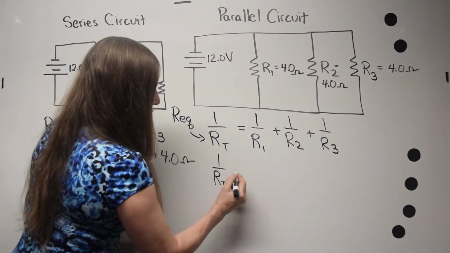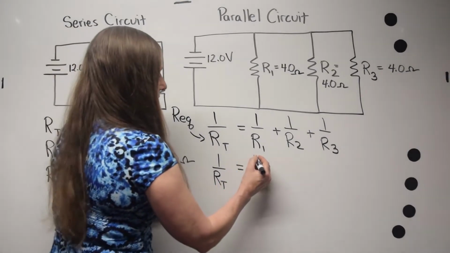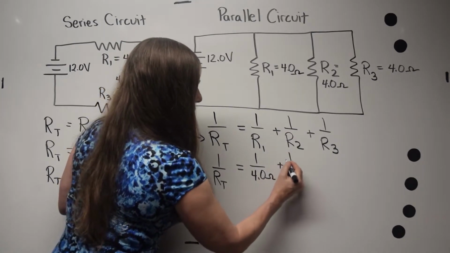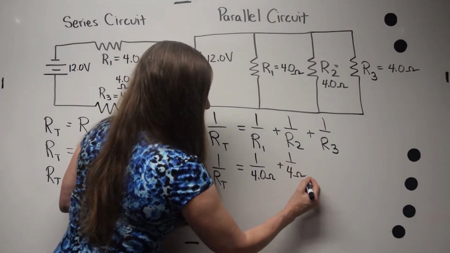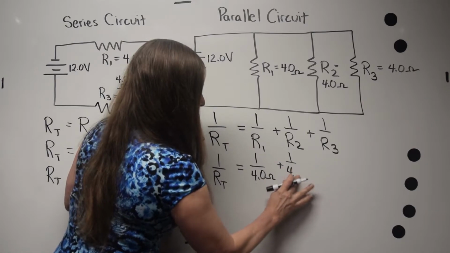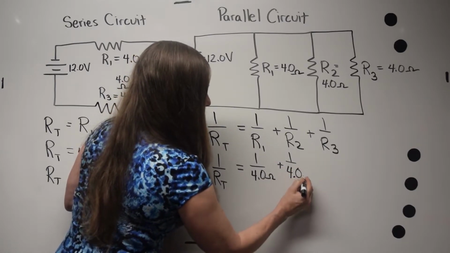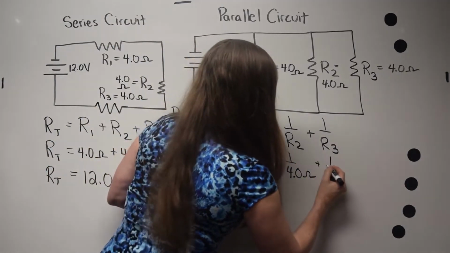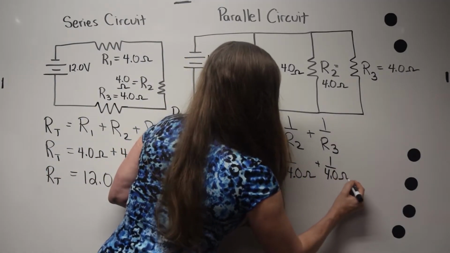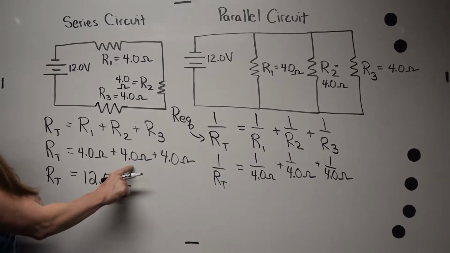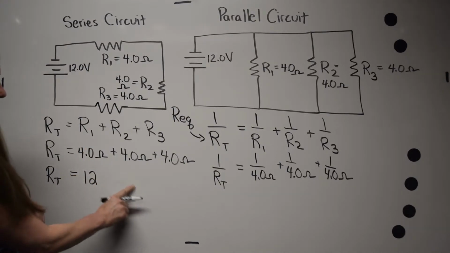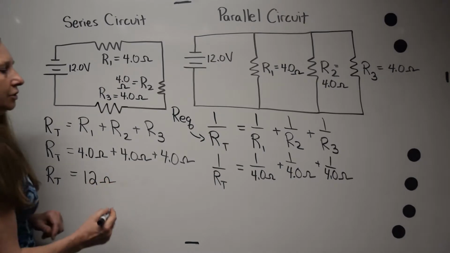All right, 1 over R total equals 1 over 4 plus 1 over 4, oops, forgetting my significant figures there, plus 1 over 4. And in terms of significant figures, this is 2 significant figures, so let's get rid of that 0 there. Okay, this is 12 ohms. Just correct that.